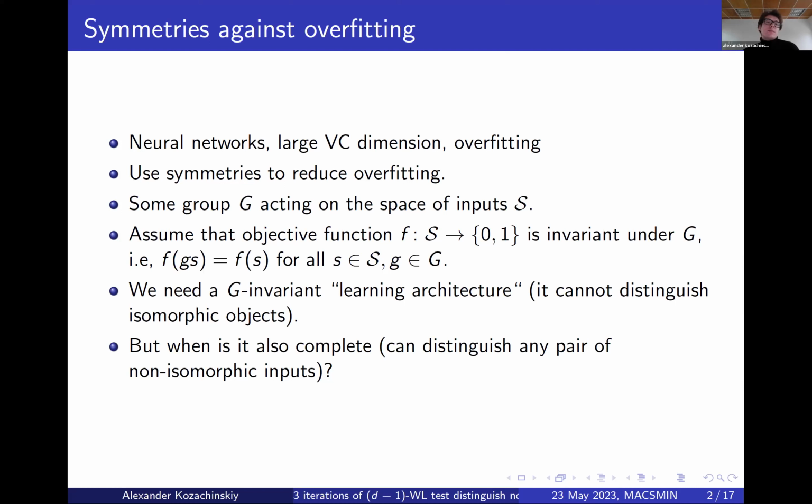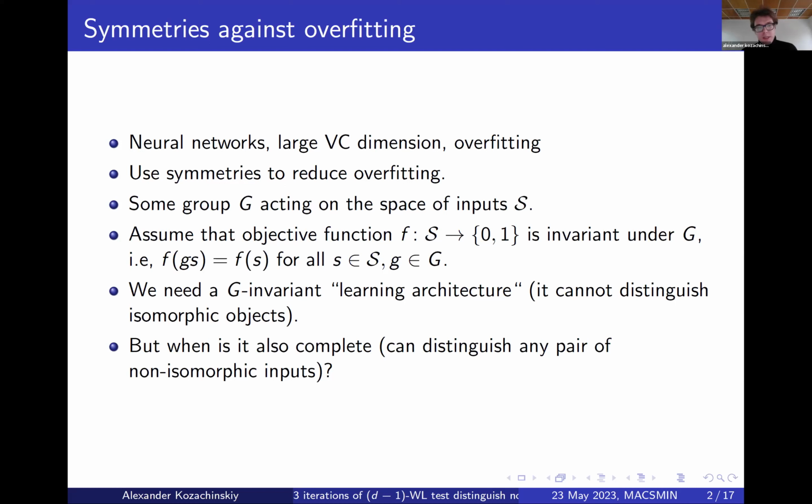Very abstractly, we can have some set of inputs S, and also some group G which acts on this set. When I say that the problem has symmetries, it means that we might be interested in an objective function which is invariant under the group.